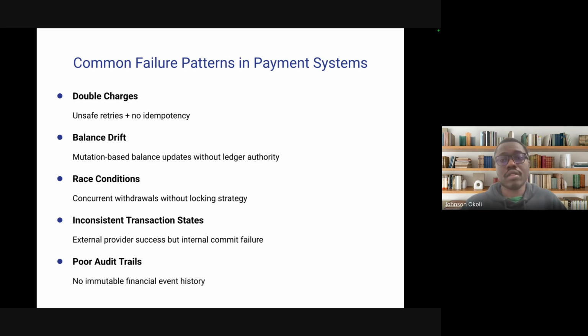Then the common failures in payment systems are double charges. That's when you do retries with no idempotency considered, or where you update the balance without fact-checking with the ledger to be sure that the figures are accurate. We also have what we call race conditions, more like two different people trying to perform the same activity.